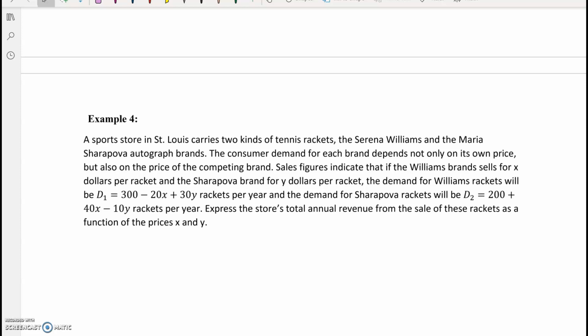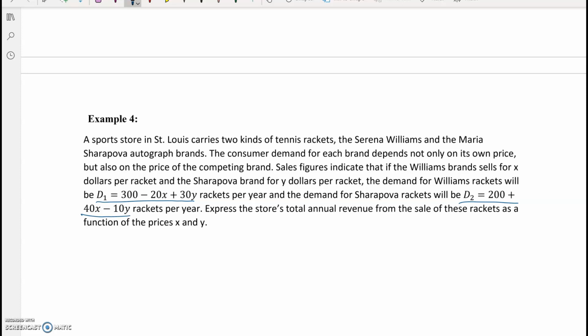So sales figures indicate that if the Williams brand sells for X dollars per racket and the Sharapova brand for Y dollars per racket, the demand for the Williams racket will be defined by the function D1, and the demand for the Sharapova racket will be defined by the D2 function.